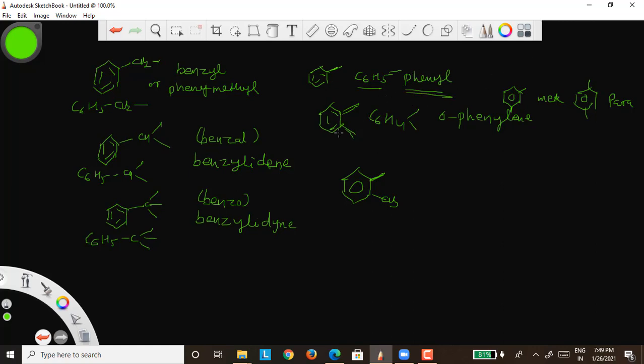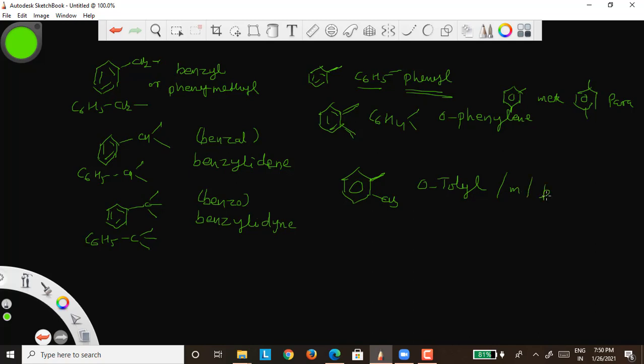Now similarly, this group connected to two other groups or two other atoms, then this group is known as orthophenylene, metaphenylene, paraphenylene, like that. Now the connection is there here, and CH3 is connected. So this is toluene. So this is known as ortho tolyl group. Similarly, metatolyl, paratolyl you can get.